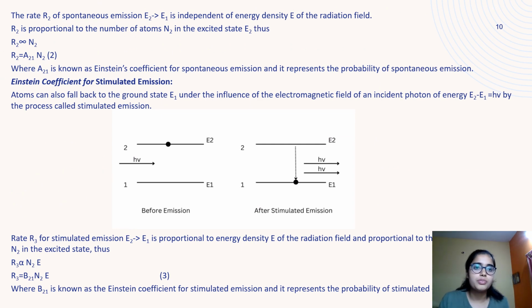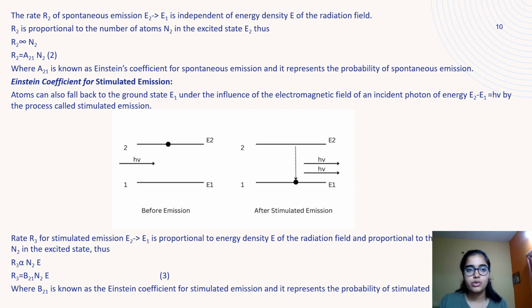The rate R2 of spontaneous emission, in which the atom from the higher excited state falls to the ground state, is independent of energy density E of the radiation field. R2 is proportional to N2, or R2 is equal to A21 N2, which is the second equation, where A21 is known as Einstein's coefficient for spontaneous emission and it represents the probability of spontaneous emission.